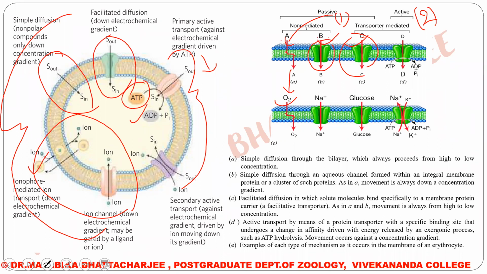And when we're coming to active transport, again, a transporter is required. A protein molecule is playing a role in transporting of the solutes from a higher concentration to a lower concentration with the breakdown of ATP. So you can see that this is the sodium potassium pump, which follows the active primary transport.